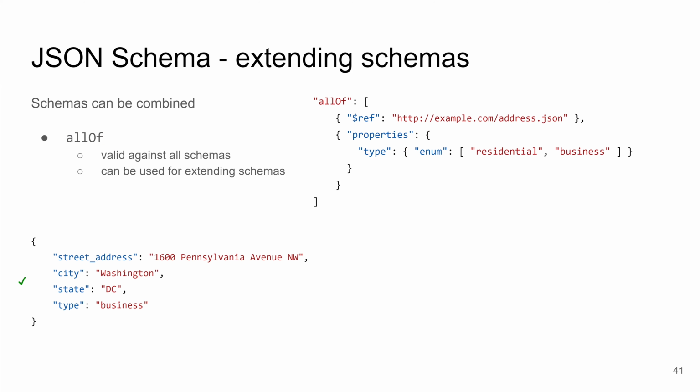The one is the original one referenced as an external schema, and the other one is the one validating just the added key value pair. So like this, we can extend schemas with our own additional properties, for instance, by using all-of and saying that the value needs to be valid against the original schema and then against our new schema describing the newly added properties.